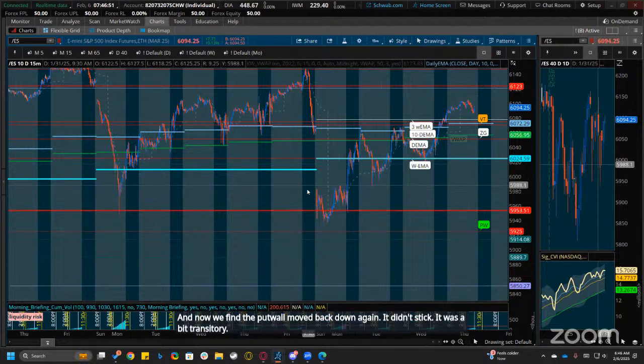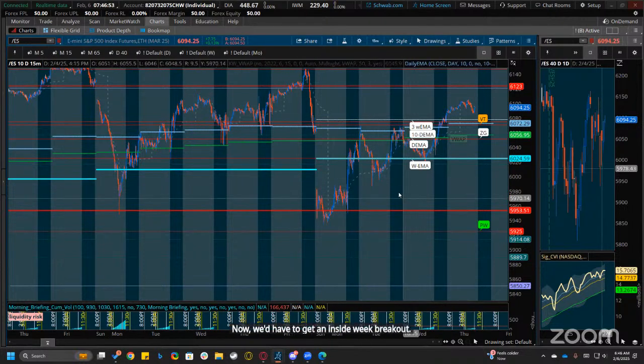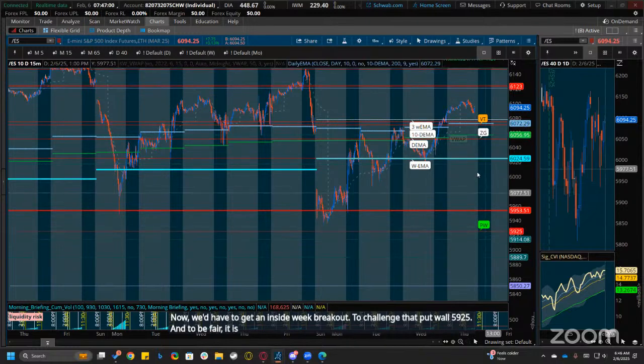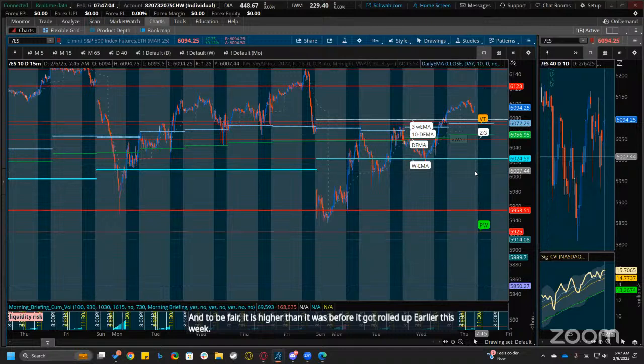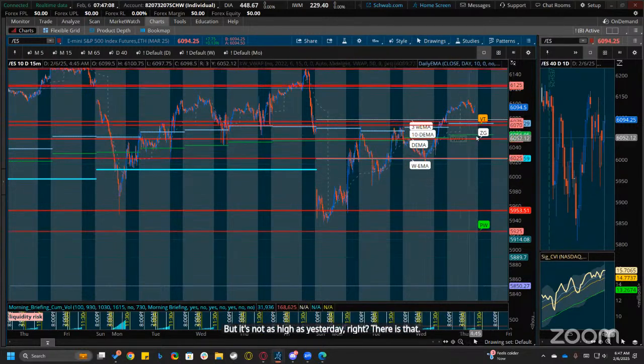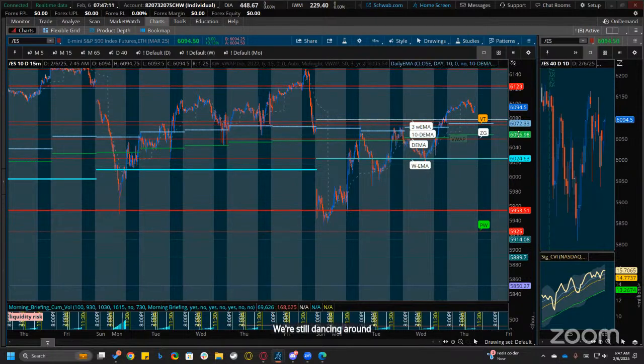Now we'd have to get an inside week breakout to challenge that put wall, 59.25. And to be fair, it is higher than it was before it got rolled up earlier this week. But it's not as high as yesterday, right? So there is that. We're still dancing around 0 gamma and the volatility trigger.